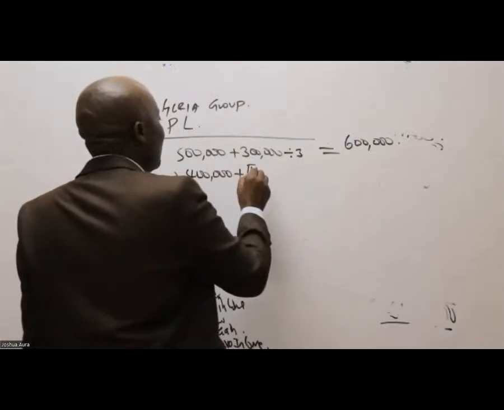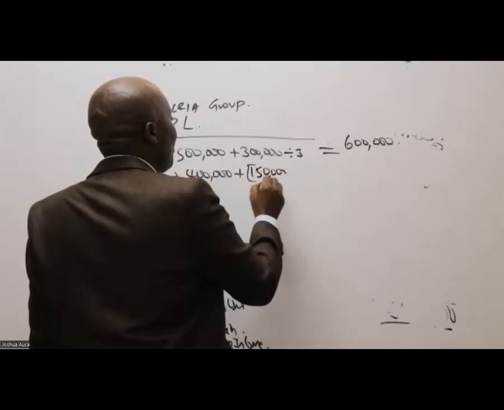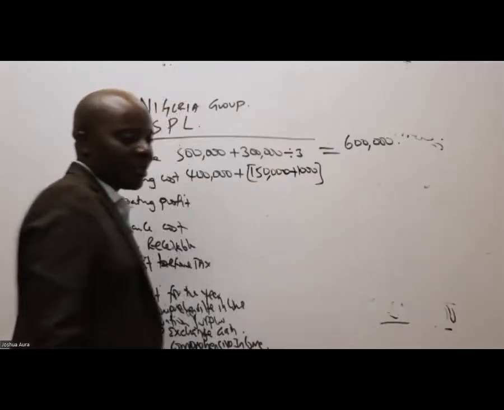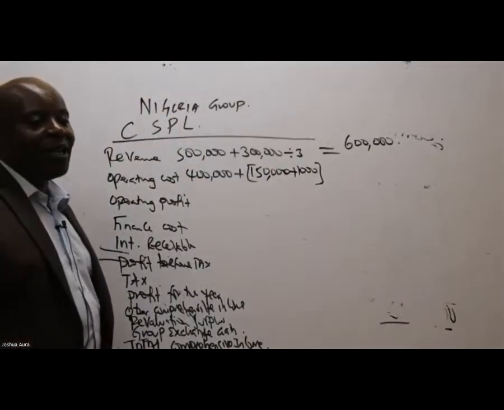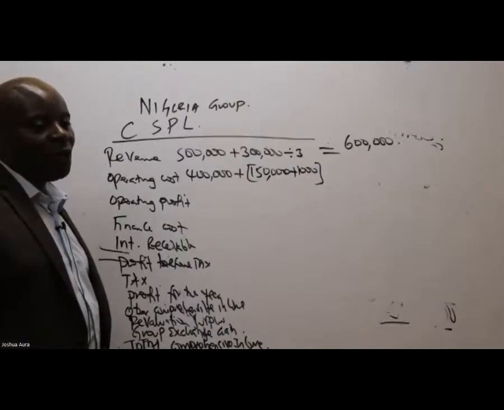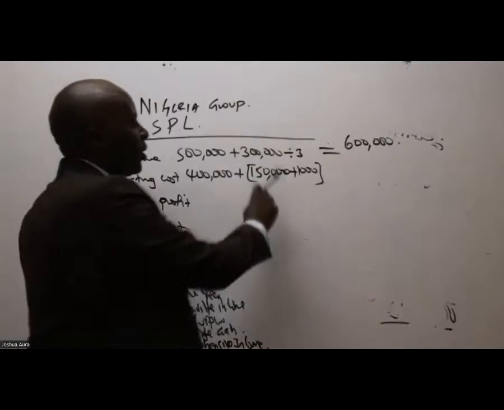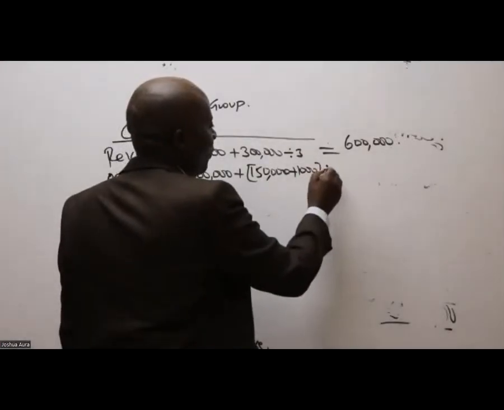But remember, there is another operational cost that so many people will forget. There was an additional depreciation which came because of the fair value adjustment. That automatically will go to the operations. So these two are in DNs. They have to be divided by 3.